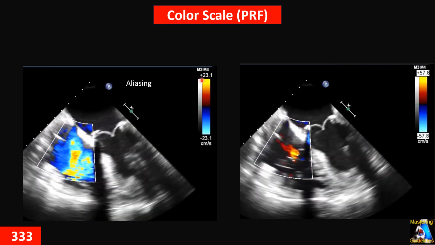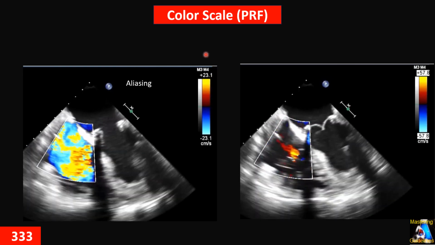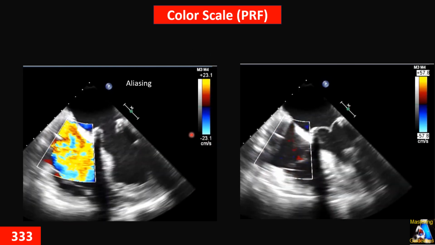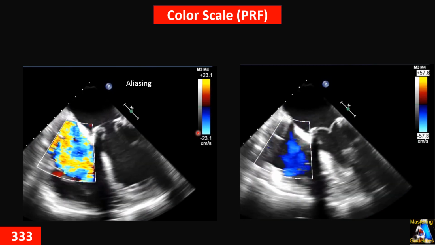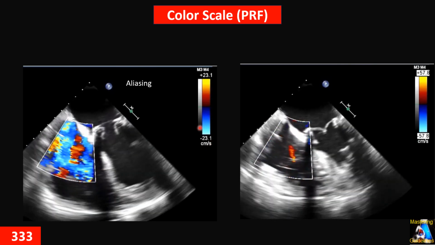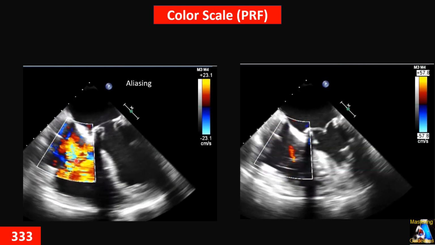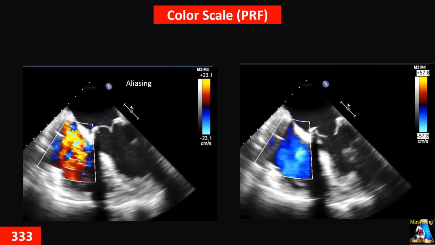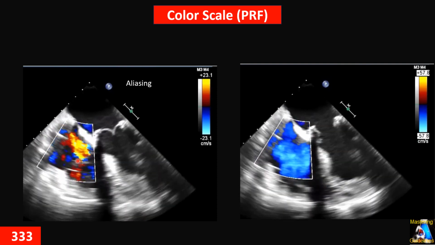For example, when velocity goes two times the 23, it goes rapidly up and shows blue at this level, or vice versa. If it goes the other way below that, it shows a different color on the other side. So we will see a combination of those colors in that area, which we call aliasing.